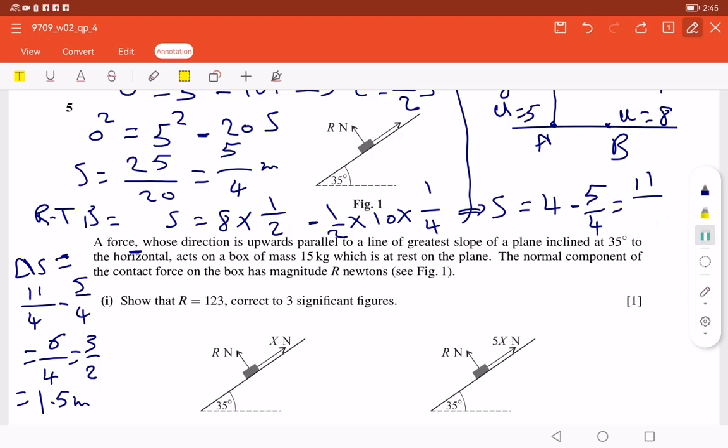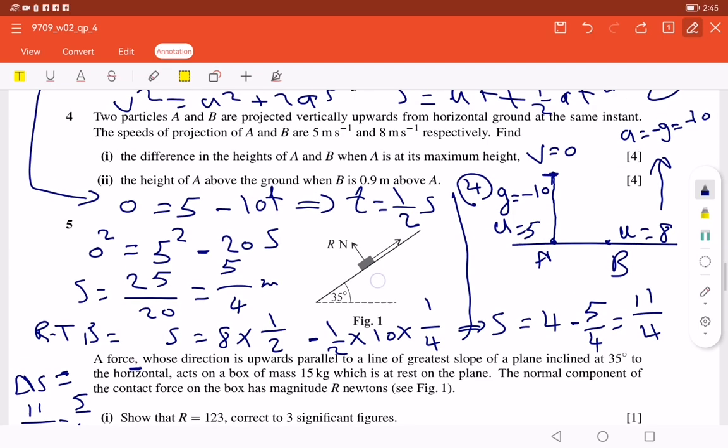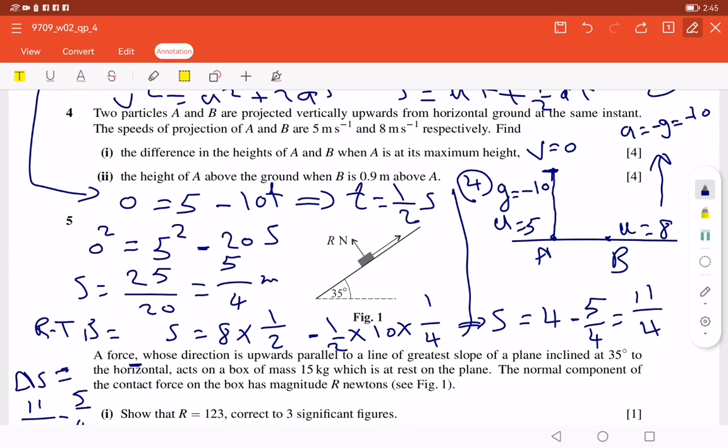Okay? So the difference between the two heights equals 1.5 meters.